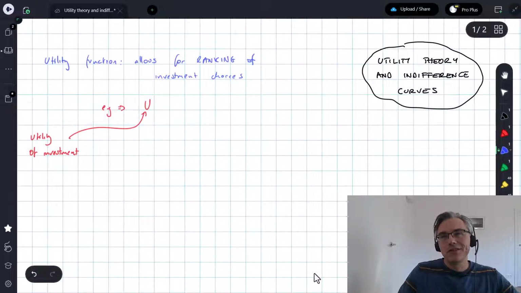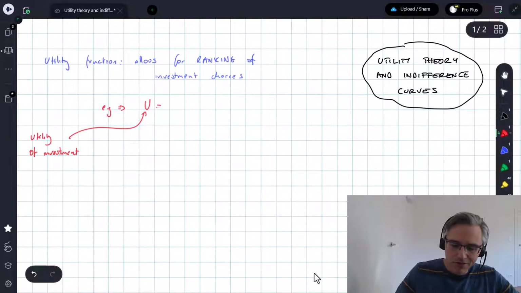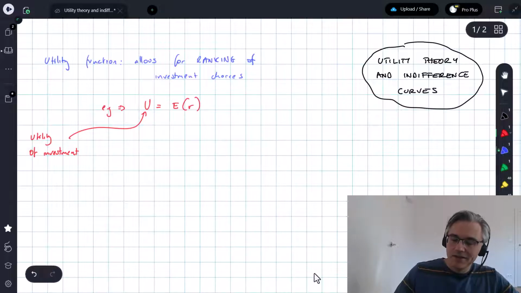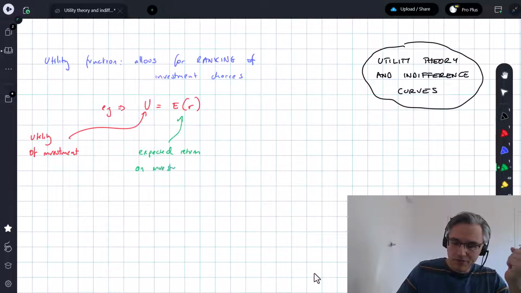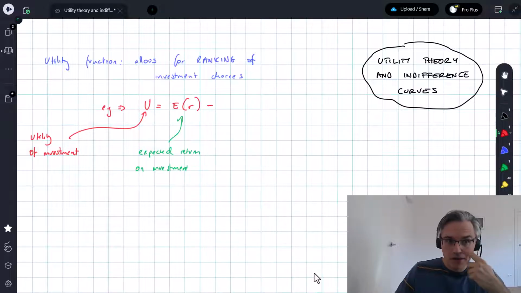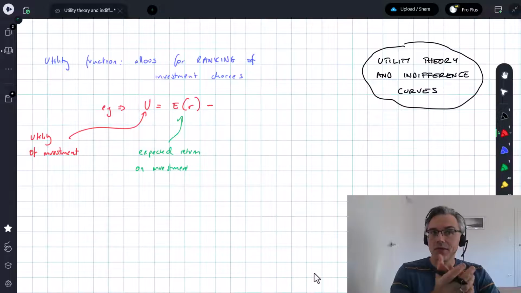The utility of the investment is how much value it gives to you, the investor, and it's going to be very specific to every investor, is indeed based on the expected level of return on the investment, but then minus something to do with the level of risk that this investment exposes you to.